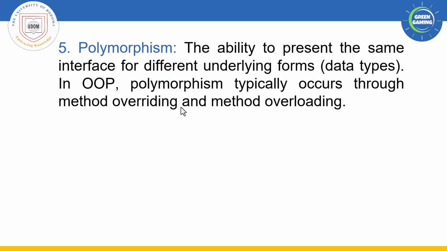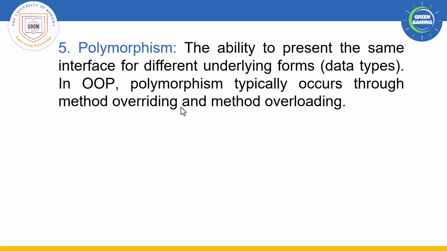Method overriding is the phenomenon whereby we can have the same method, but the implementation of this method can be different. So we can have the same method with different implementations from different classes, but these classes should be inherited from the superclass.